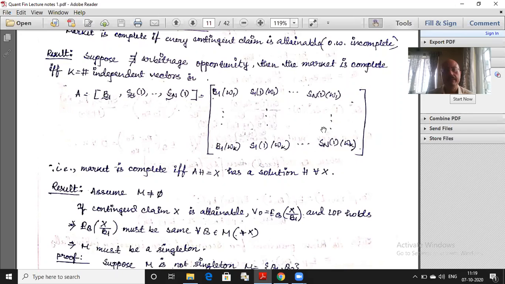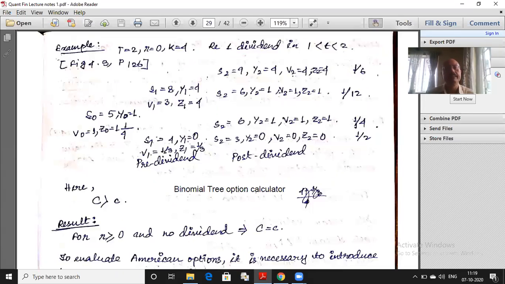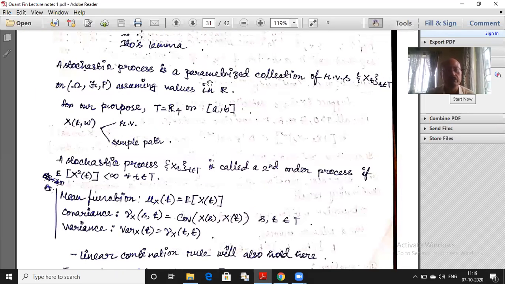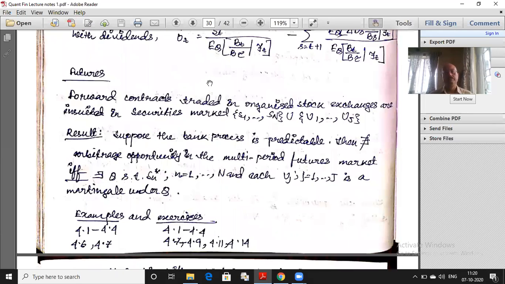So what I am now saying is a similar result, but with the extended market description, which includes my futures contracts. So does it sound meaningful now? Yes, sir.